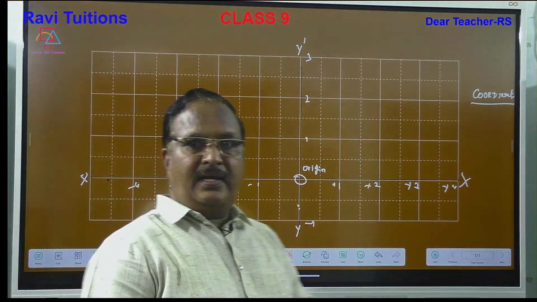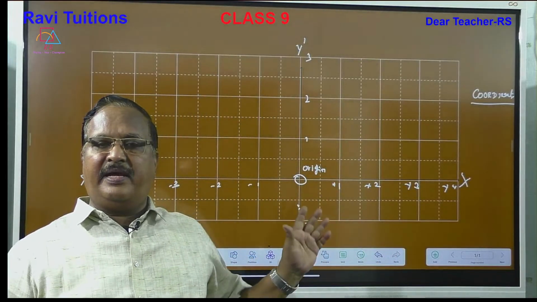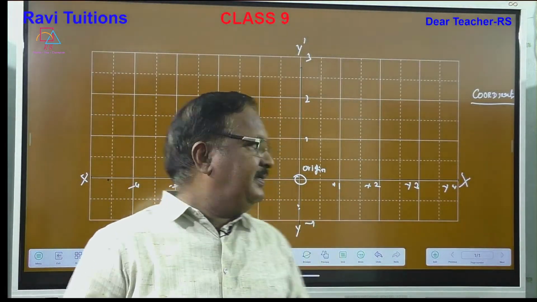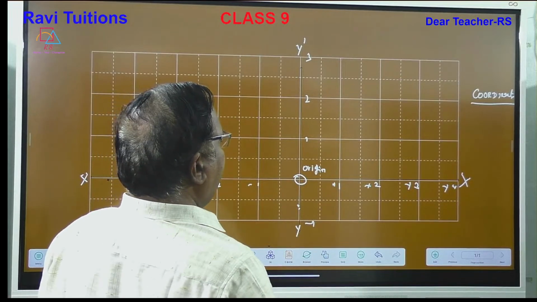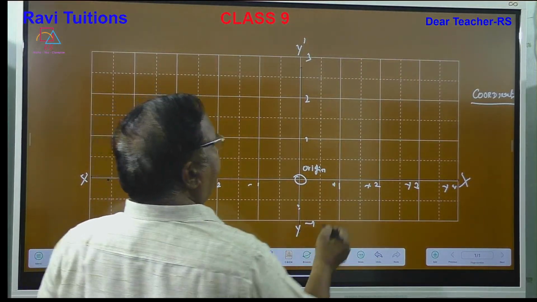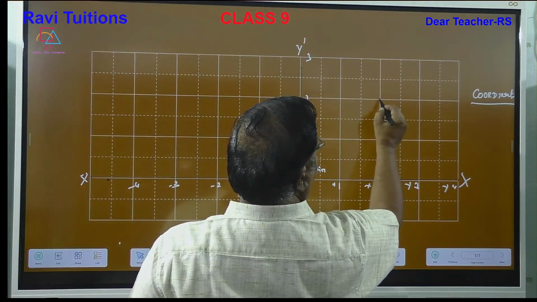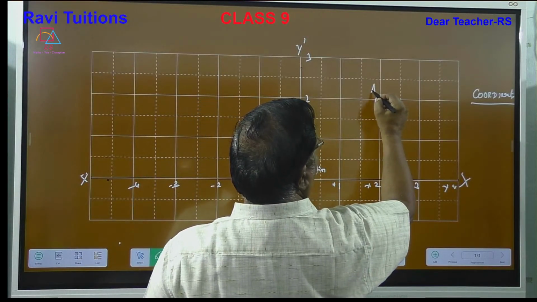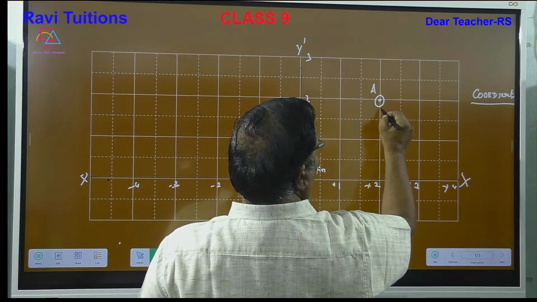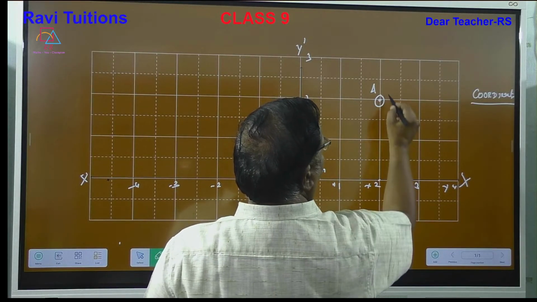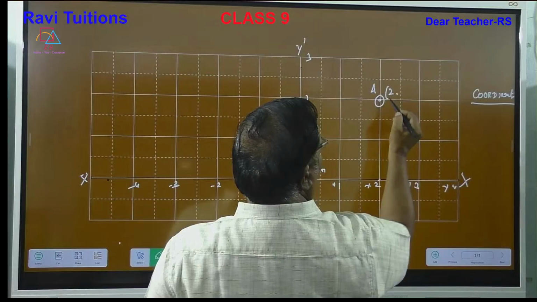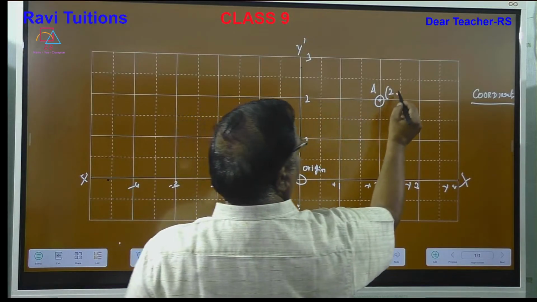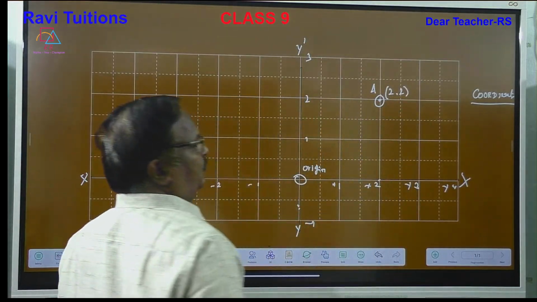So accordingly, you can draw the x-axis and y-axis. Now I have already drawn. Let us see, suppose this point is there, how to locate this point? Let us name this point A. If you come along here, the x-axis value is 2. If you come like this, the y-axis value is also 2.